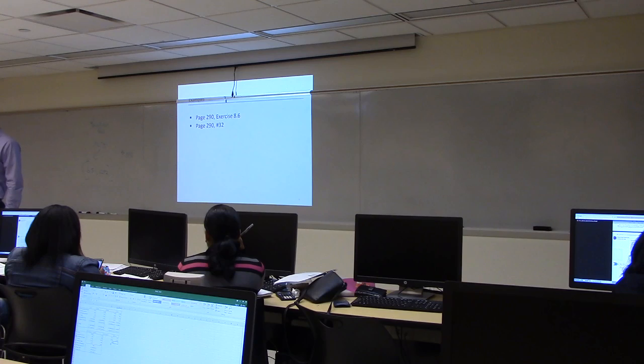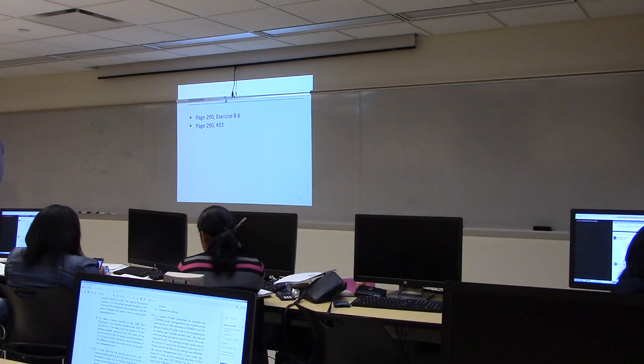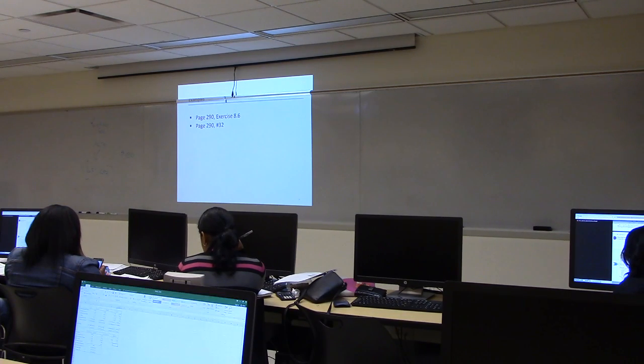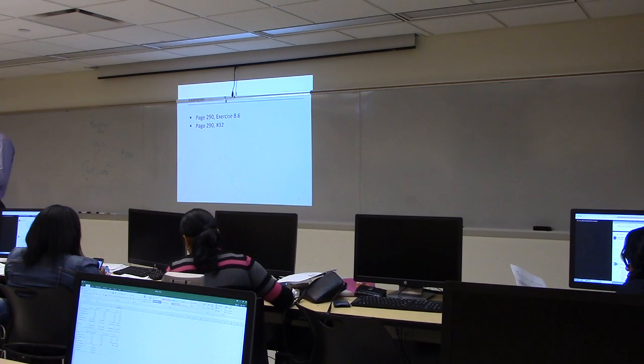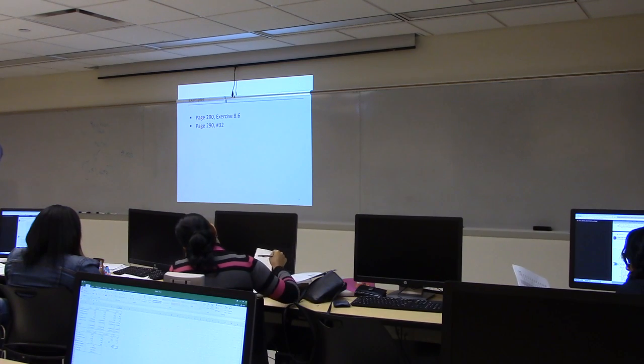So that 1.65, where do we get that number? Yes, 90% confidence. We decided we want to be 90% confident about this, so we need to go plus or minus 1.65 standard errors.